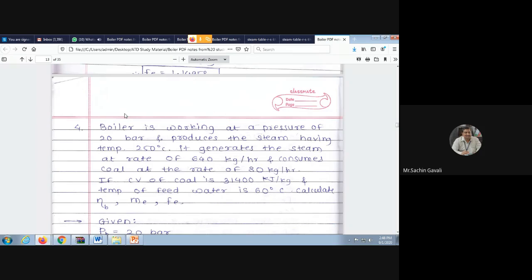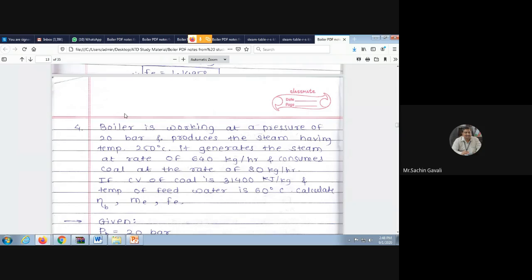Okay. Is the numerical visible? Yes. Then solve this numerical now. I will not interfere now because everybody knows how to formulate and how to extract data from the steam table.